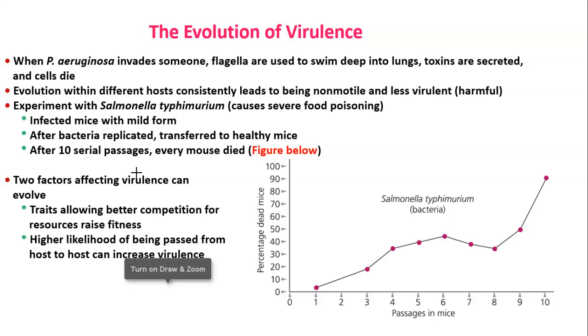So either traits that allow better competition for resources, giving rise to higher fitness, can give rise to higher virulence, or if the pathogen can be easily passed from host to host, then that also can increase virulence.